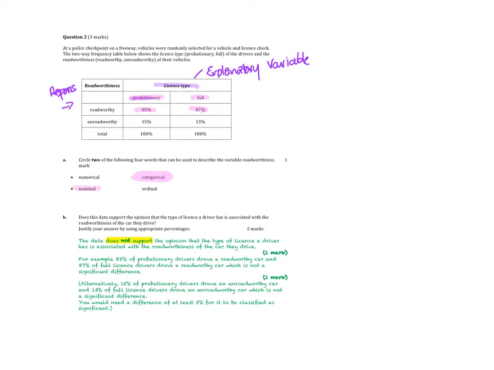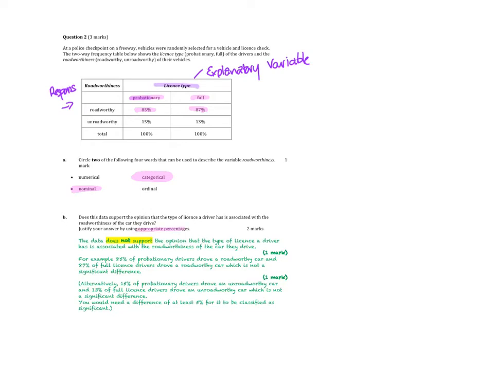No, we'll just go nominal. We can't really rank that and say what is better or whatever. Not a ranking. So does this data support the opinion that the license type of the driver is associated with roadworthiness of the car they drive? Justify your answer using appropriate percentages.